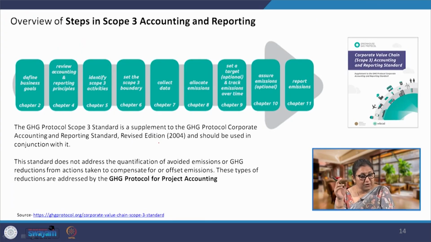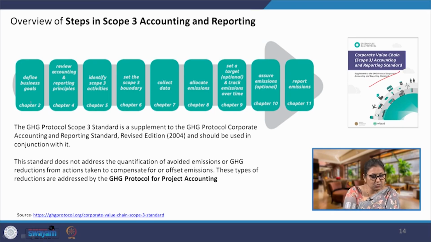Now, if we look at the accounting and reporting steps for only scope 3, it is very similar. These steps are given in the Corporate Value Chain Scope 3 Accounting and Reporting Standard, and they are very similar to what we have just seen, but they slightly vary.